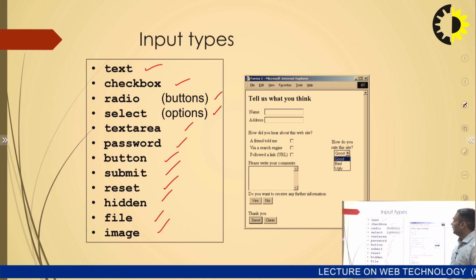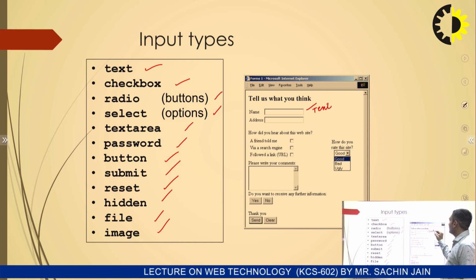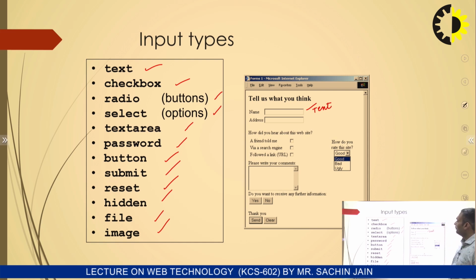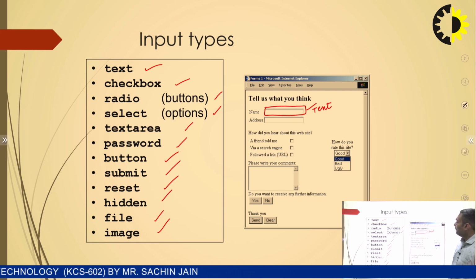So let's see, this one is the type of text field. We can take text data from the user and it will be displayed like this. We can make checkboxes like this.